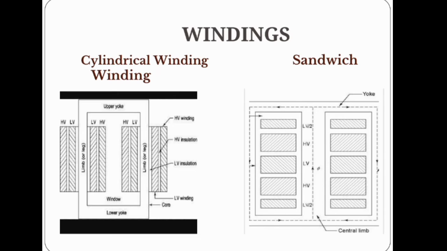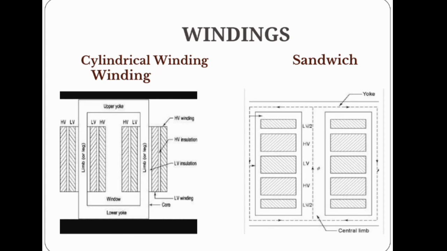Here, windings are not made of a single solid conductor, because if a single solid conductor is used in the winding, there are additional stray load losses. Due to that reason we don't use single solid conductors. We use stranded conductors, so a number of strands are used.